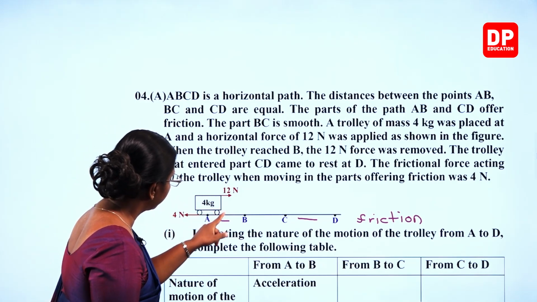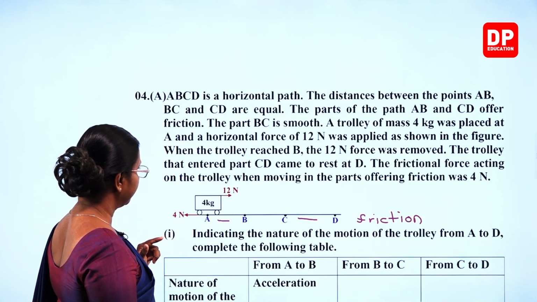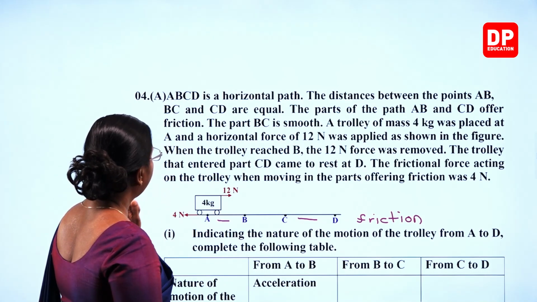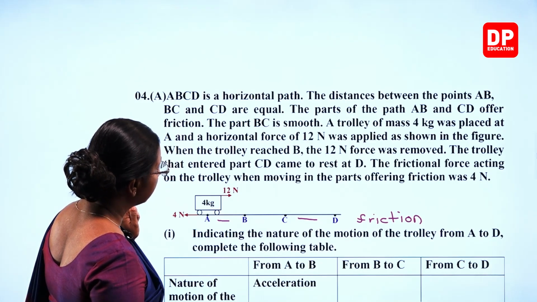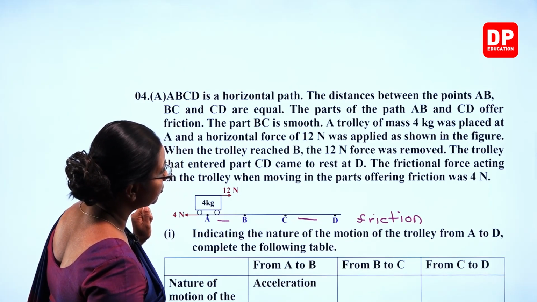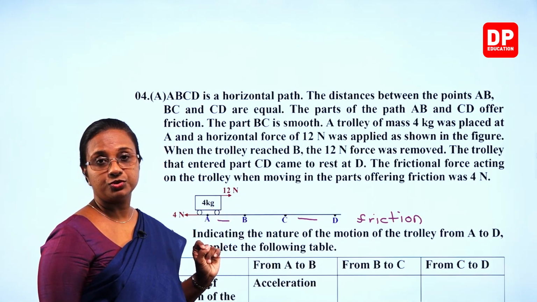So here, a 4 kg trolley, a force of 12 Newton was applied, and then you can see when the trolley reached B, the 12 Newton force was removed.